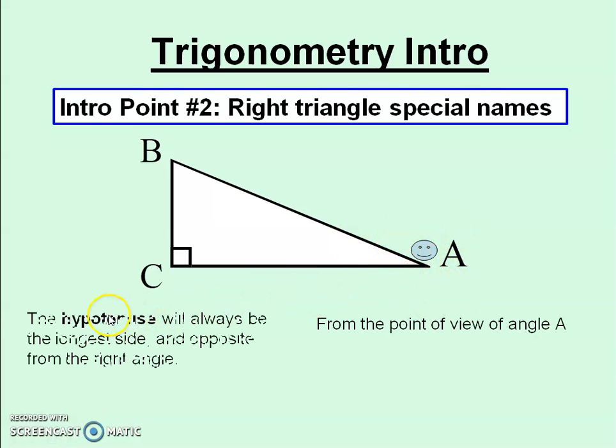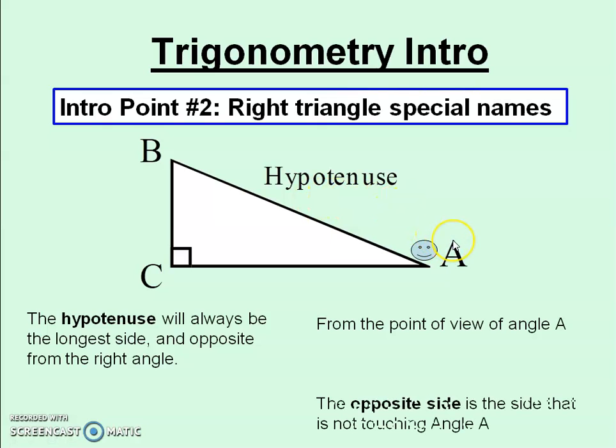So first up, this one is actually not dependent on my point of view. The hypotenuse is always the longest of the three sides, and it's always the one that is opposite the 90-degree angle. That's always called the hypotenuse. But there are two other labels, and those ones depend on which point of view I am taking. So from the point of view of A, the side that's opposite, we already talked about that, is the side that is not touching angle A. It's this one here.